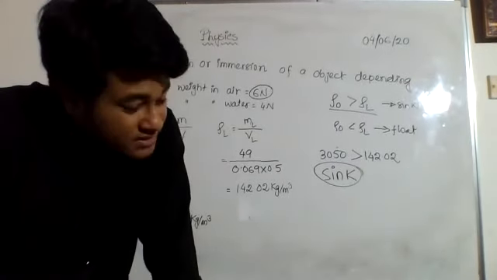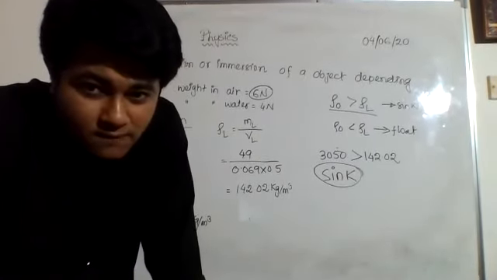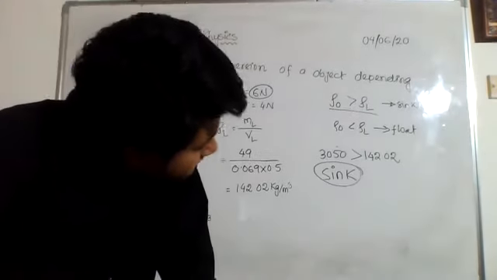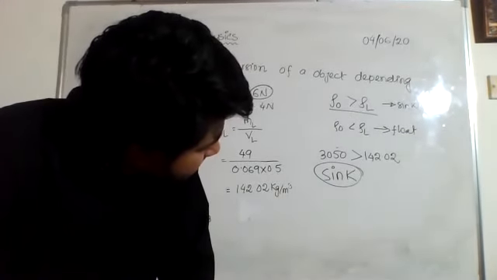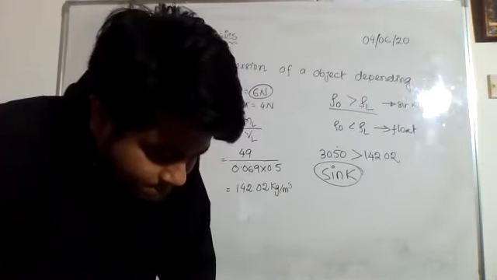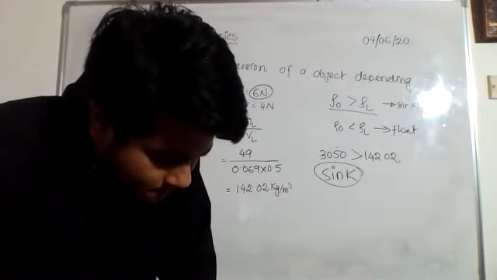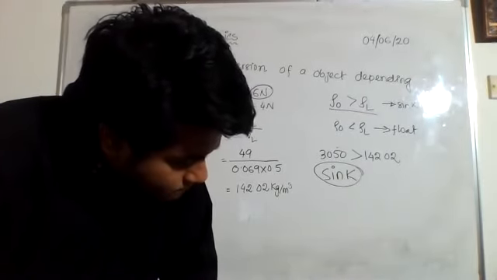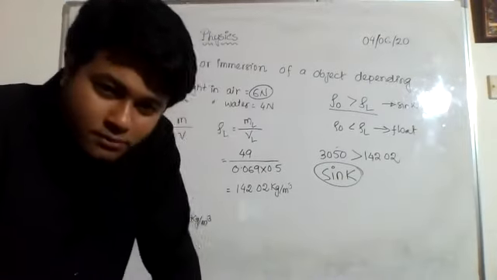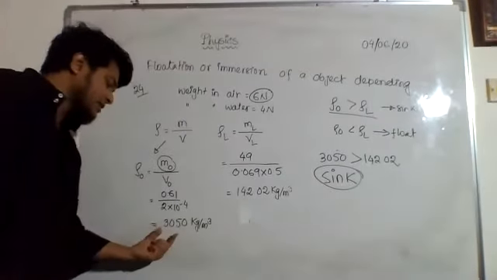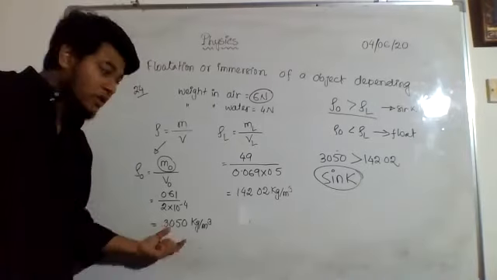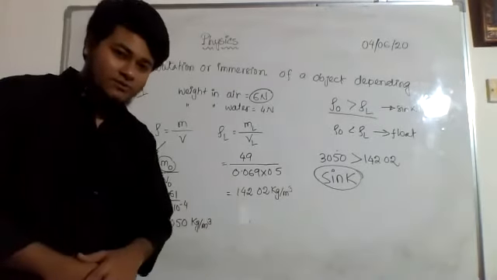Sir, if this 142.02 is greater than 3050, like it's 2050, then will it float or sink? You are saying that this is 2050. Yes, it is still greater than 100.